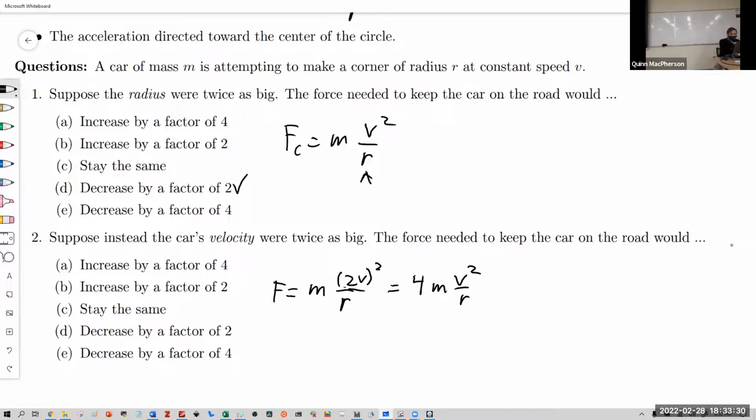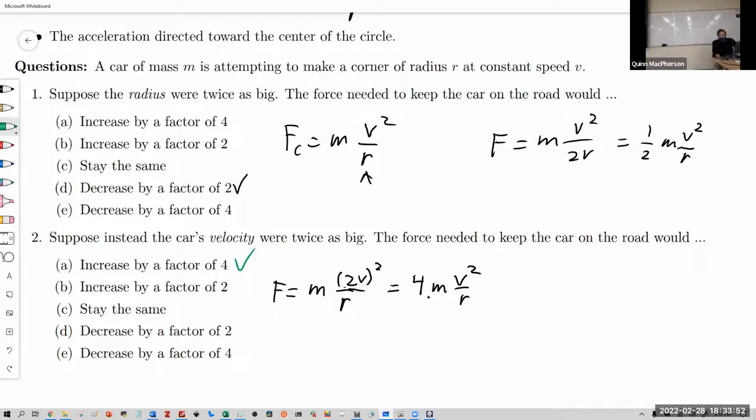Just like up here, if we replaced r with 2r, we'd end up with a 1/2 mv squared over r. Here, if we double v, we end up with 4 mv squared over r. So the answer is the force goes up by a factor of 4.